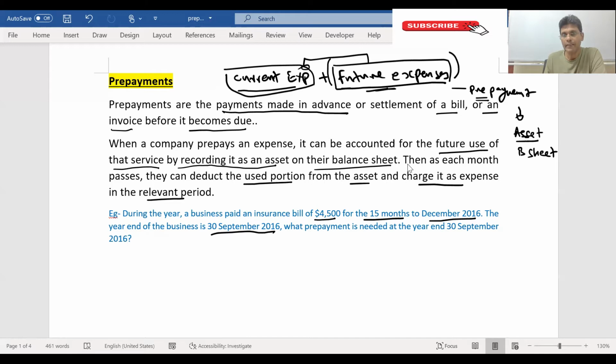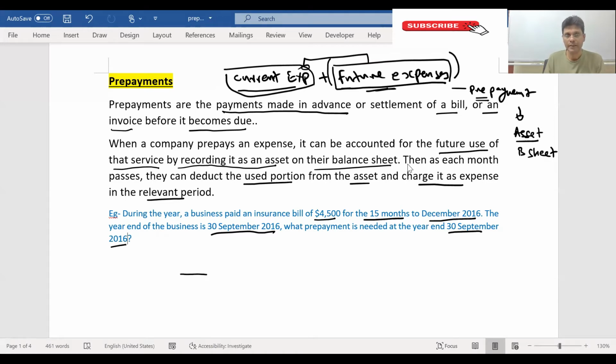What prepayment is needed at the year end 30th September 2016? In these types of questions, you need to identify the financial period of the business. What is the financial period? The year end of the business is 30th September 2016.